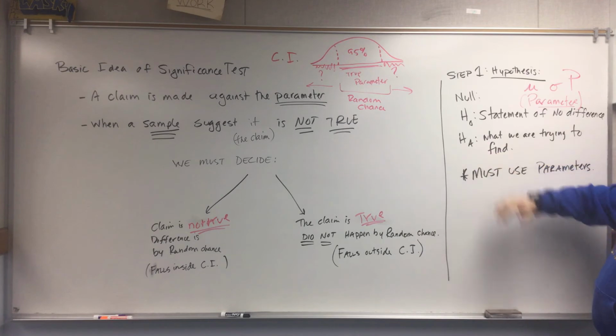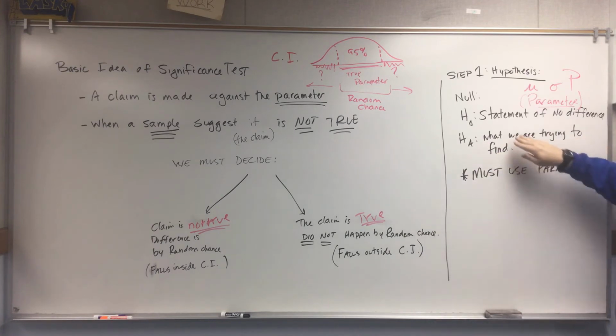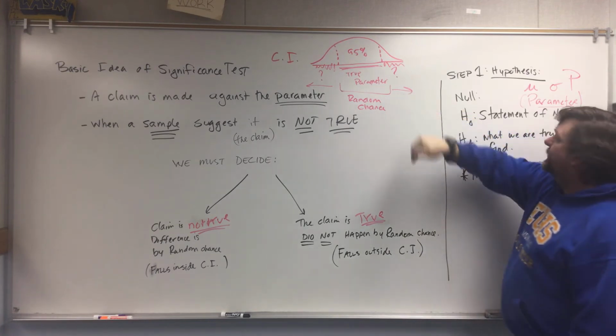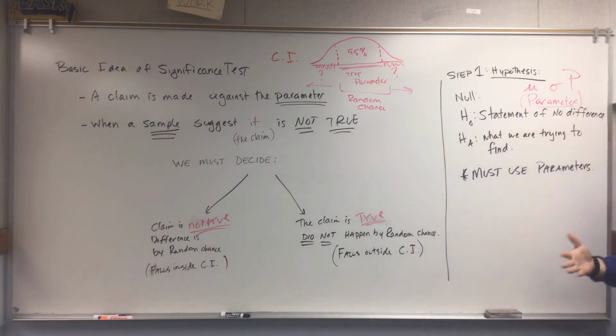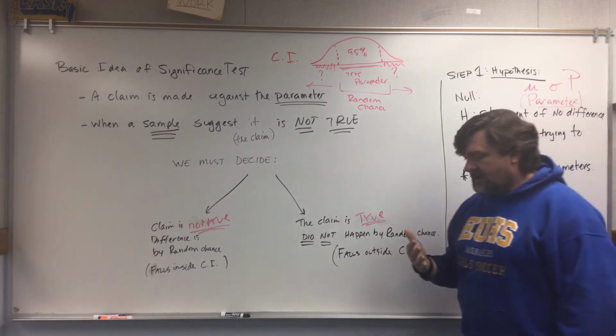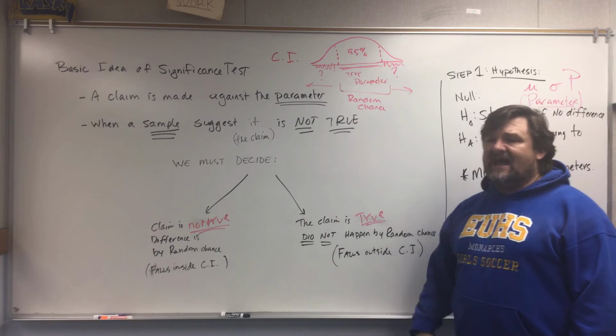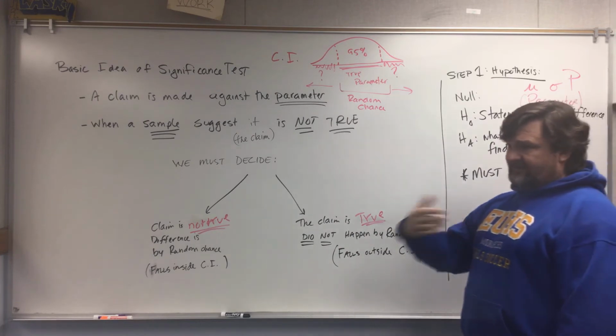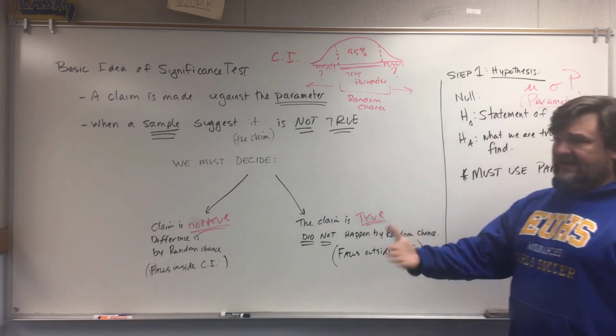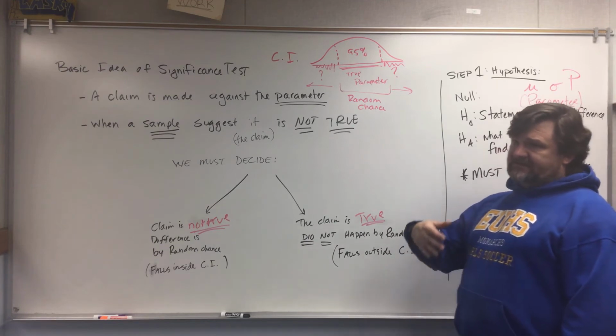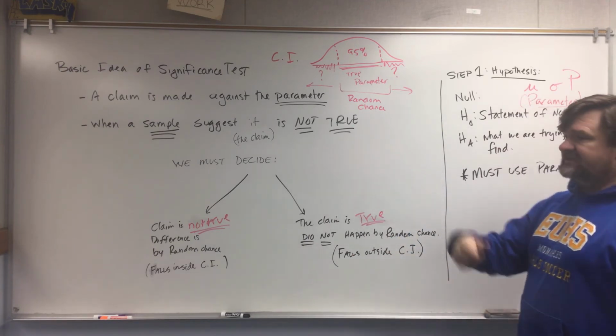The alternate hypothesis is what we are trying to find. So for my example here, the statement of no difference would say something like the average height of an EUHS student, mu, is equal to 65 inches.